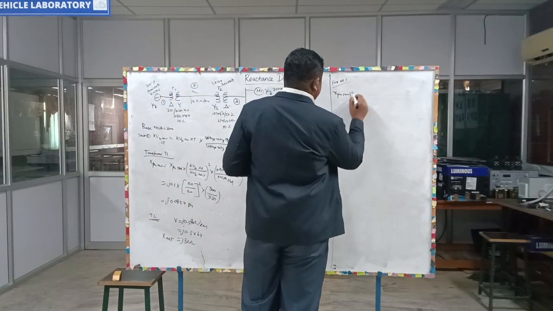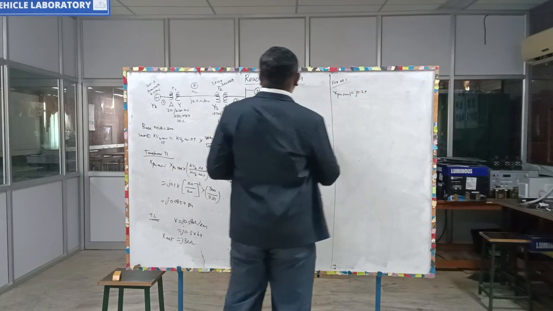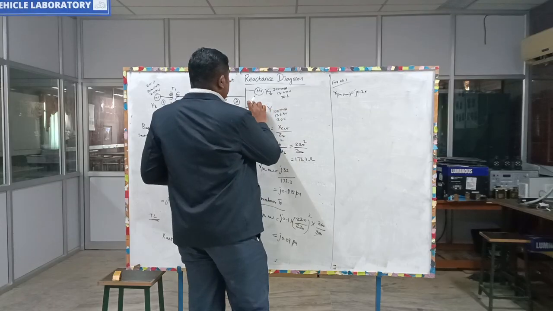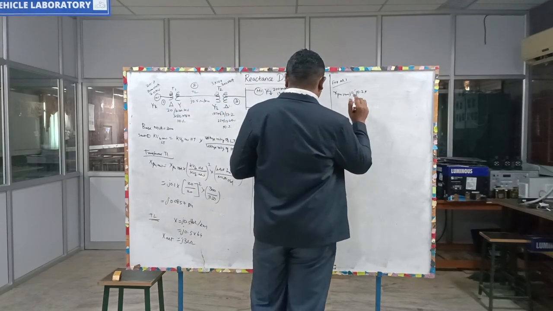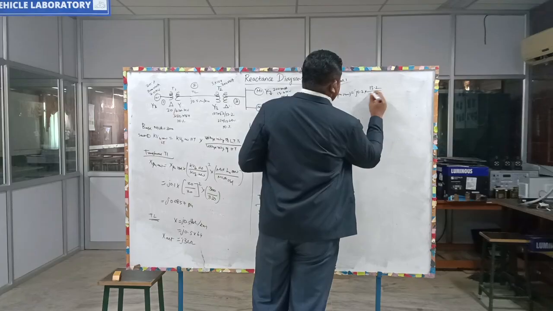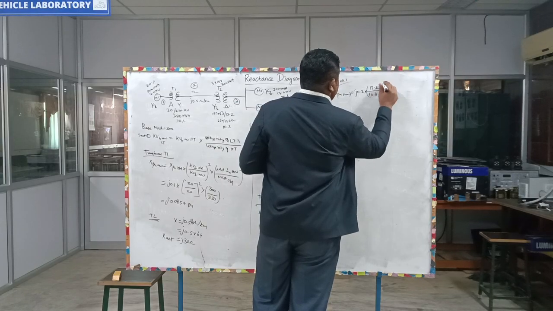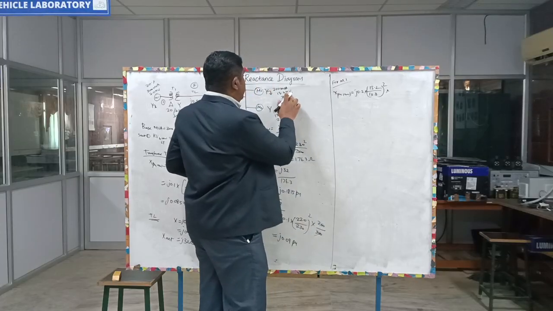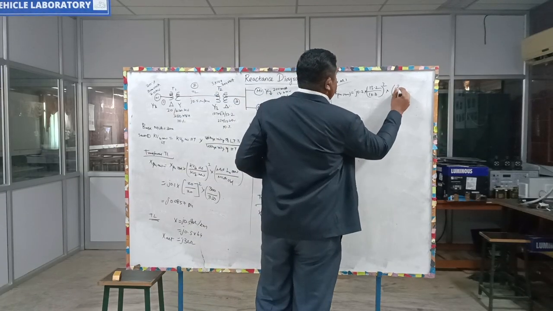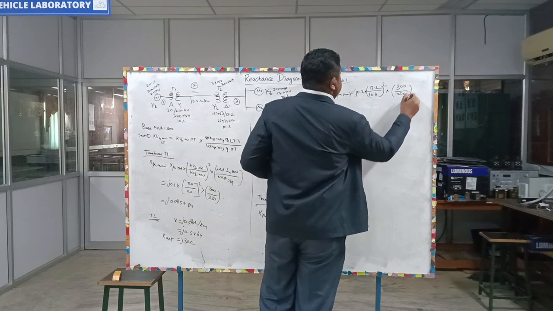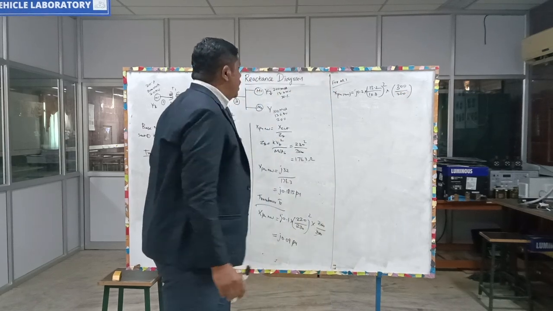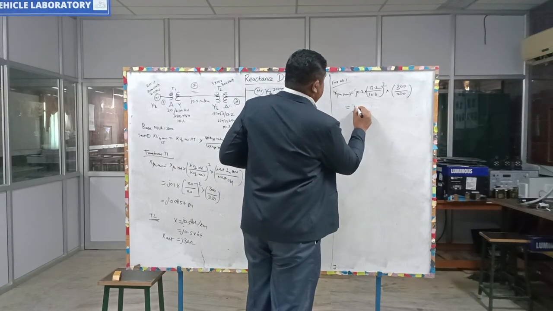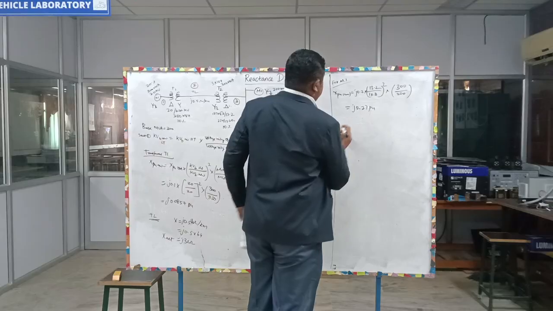So it is J0.2 into kV base old, which for this section is 13.2 kV, divided by 13.8, whole square, into MVA base new by MVA base old. New is 300, old is 200. If you simplify this, you will get J0.27 per unit.